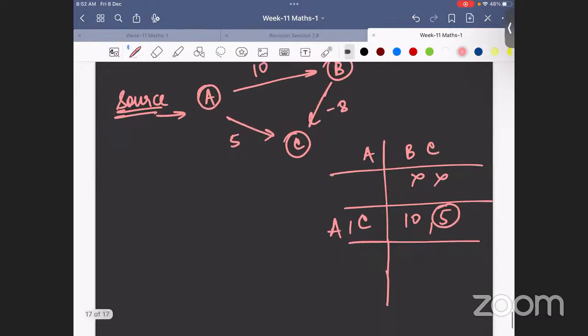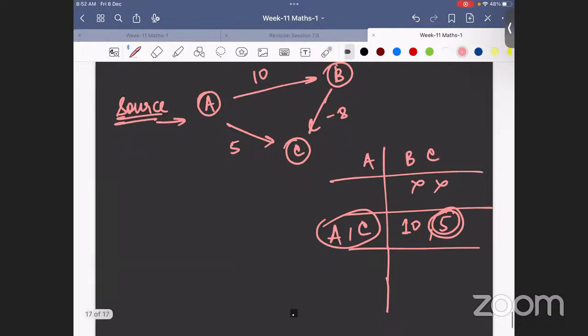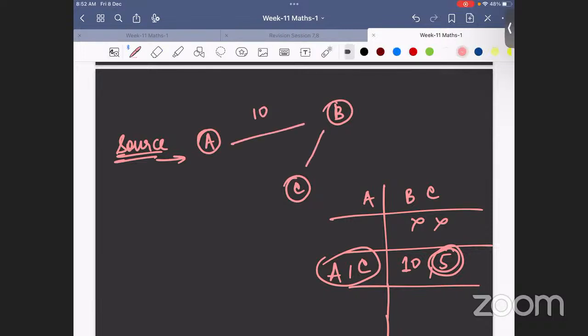From A to B, it will take 10, right? And A to C, it was 5. So you are fixing the value of this one. Now you can use AC, correct? Yes, sir. If I'm removing this direction now, now I'm giving the weight.